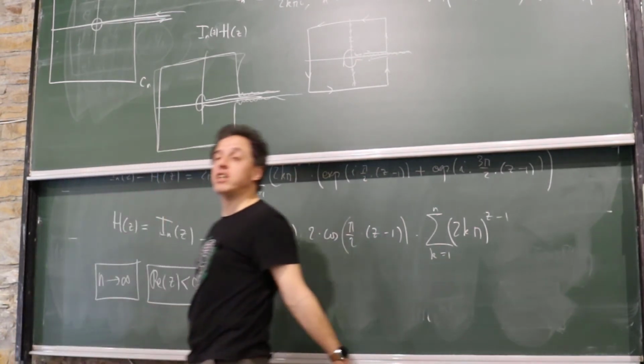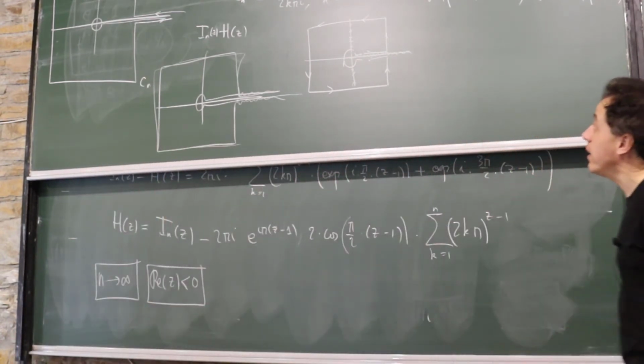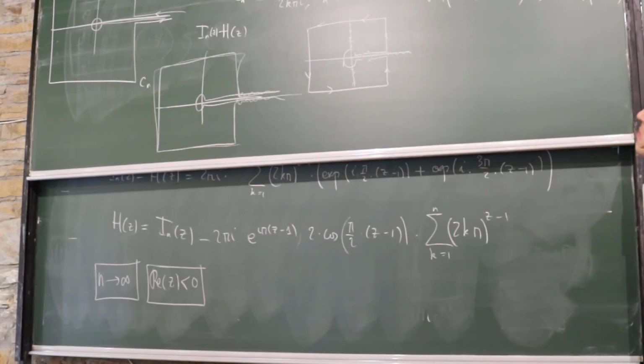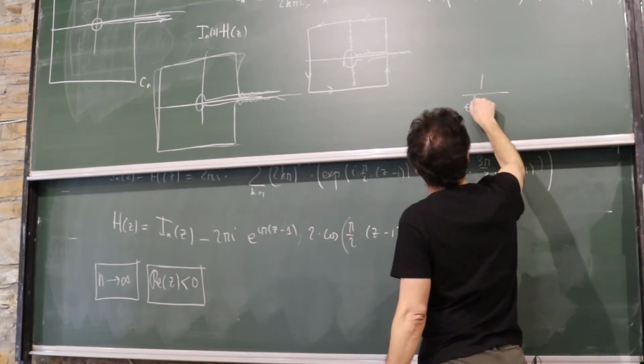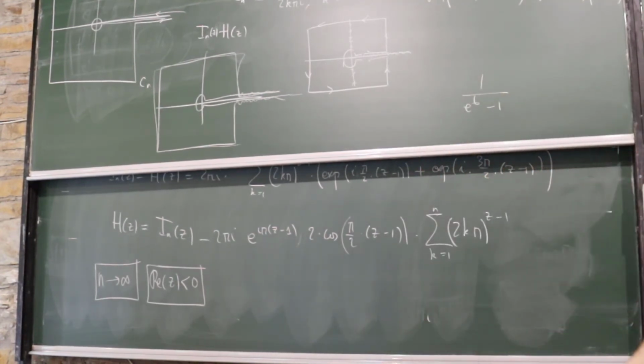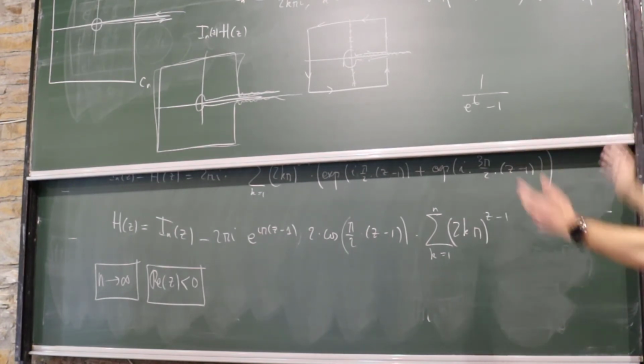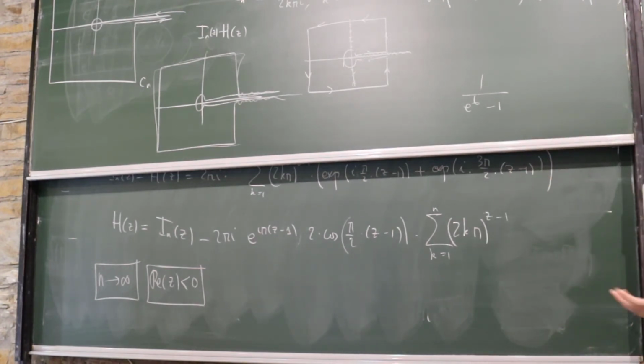When the real part of z is smaller than 0, you can see easily that the denominator is not much of a problem, so it can be bounded easily. 1 over e^t minus 1 is quite easy to bound, either on the horizontal or the vertical sides.